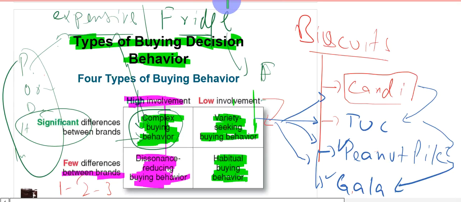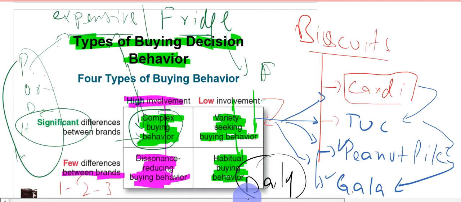So, students, habitual buying behavior is depicted when a consumer has low involvement in the purchase decision. It happens when consumers are buying products that they use for their daily routine.